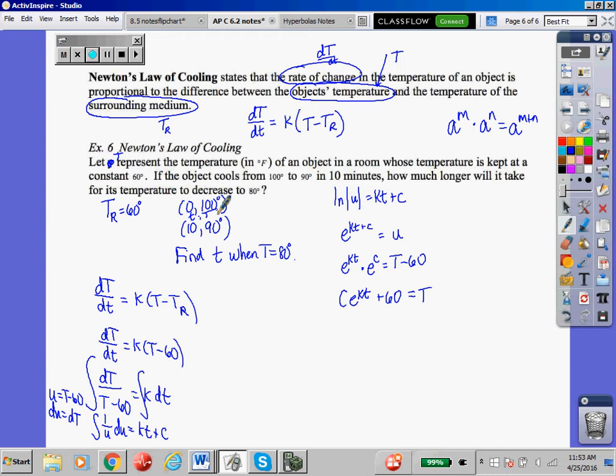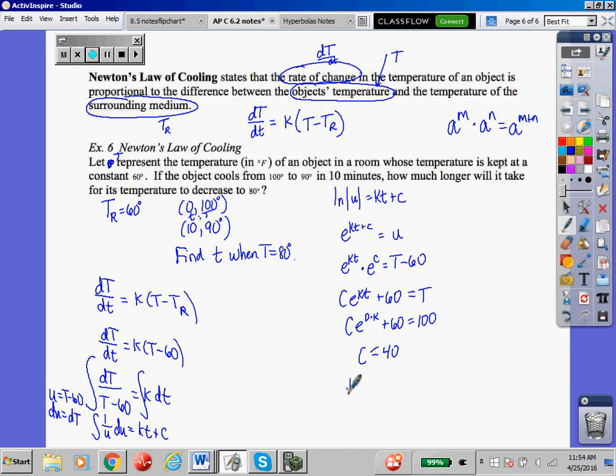So we're going to plug in the first point. This would be ce to the 0 times k power plus 60, and that's 100. Okay, again, I'm plugging in that time is 0 and temperature is 100. Well, e to the 0 is 1, so that's c, so c is 40.